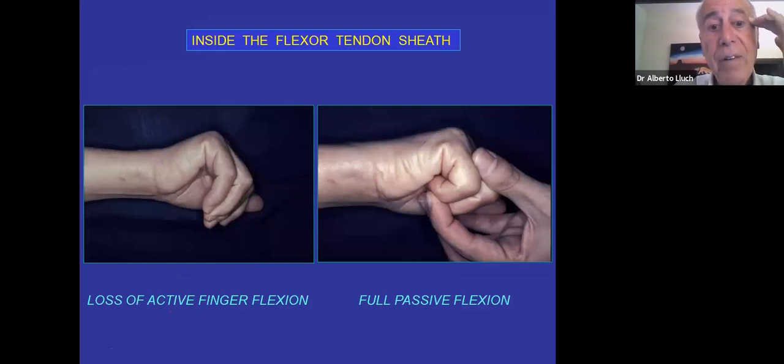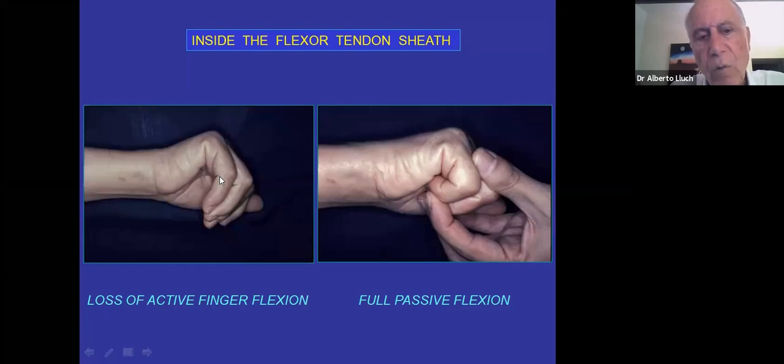And inside of the flexor tendon sheath, how can we make the diagnosis? Well, if the patient comes to you and says, doctor, I had difficulties in closing my fingers, mainly in the morning when I wake up. Later on I can close them a little bit more, but this is as much as I can flex them. So I don't know what it can be.